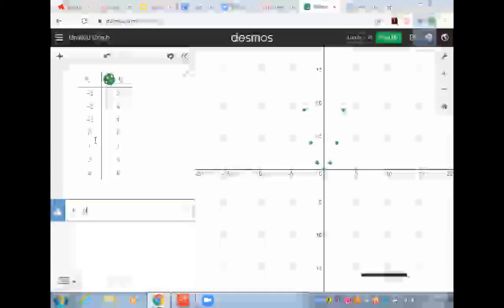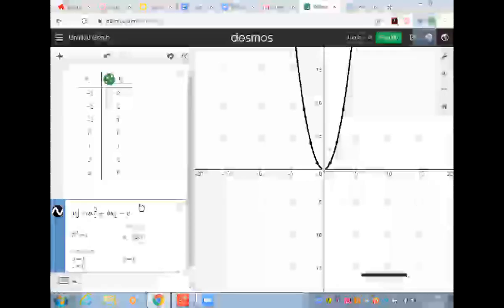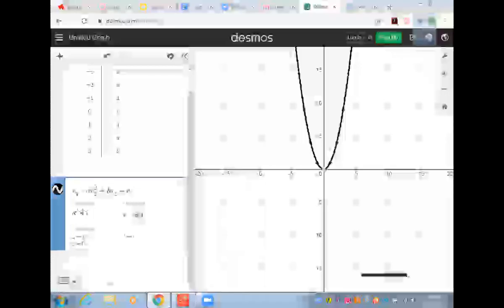So this is going to be x1 squared plus bx1 plus c. Oops, I forgot the y here for the y. So if I type in what I know to be the generic form of a quadratic, it will do the regression for me. And it will tell me what the values of A, B, and C are down here.